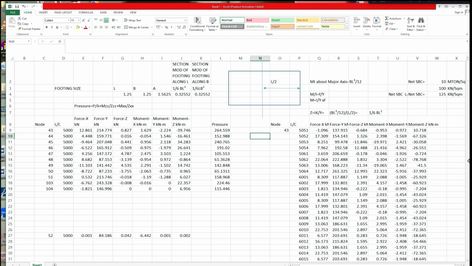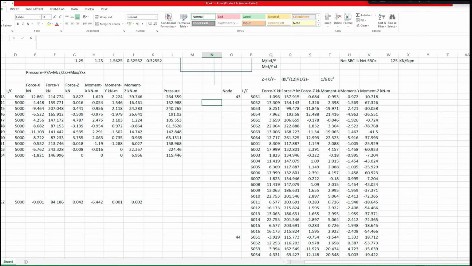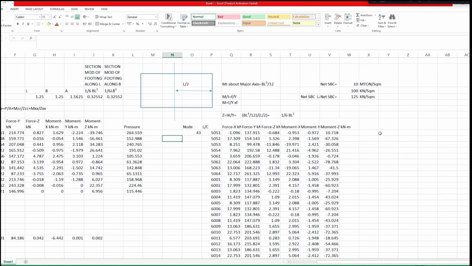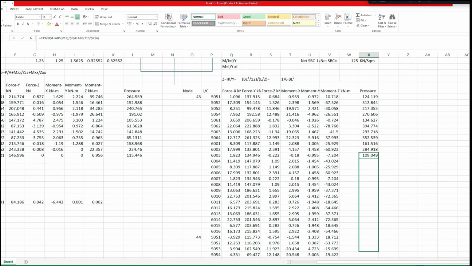And let us see whether this is working for lateral load also. So again here, copy, paste. Now we pull it.